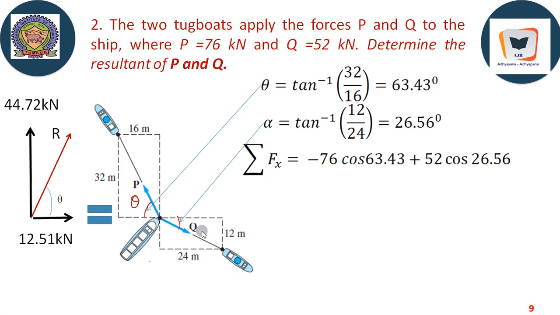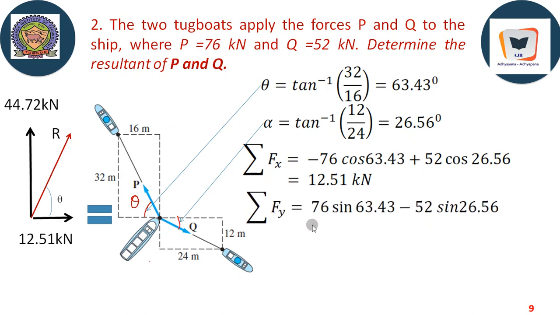Then we have 52 cos 26.56, which goes this way. This is the positive horizontal component, and that is the negative horizontal component. Summing together gives 12.51, which is positive, going like this, because this system is equal to one horizontal force and one vertical force.